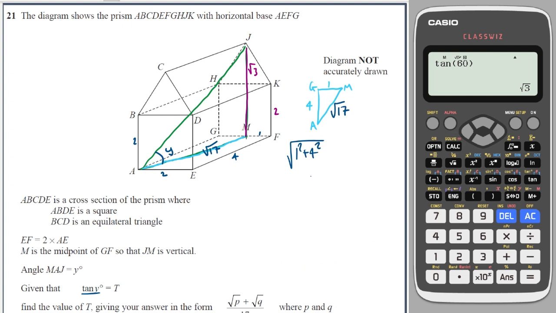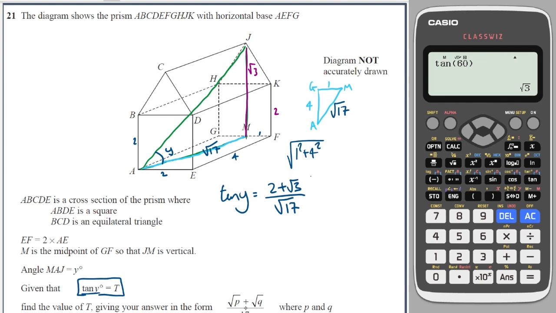We can work out what tan of y is. Tan of y is the opposite, which is 2 plus the square root of 3, over the adjacent, which is the square root of 17. And that's great, because that's what we're trying to work out, tan y.